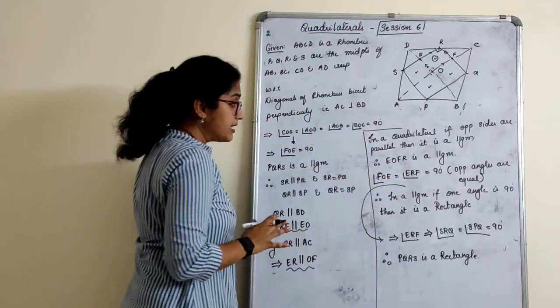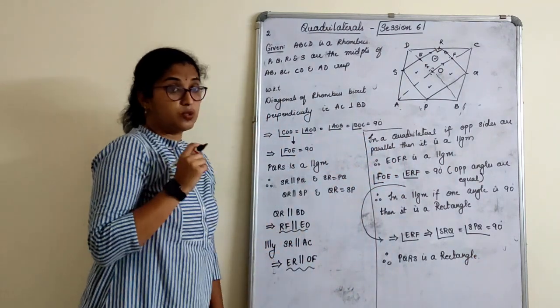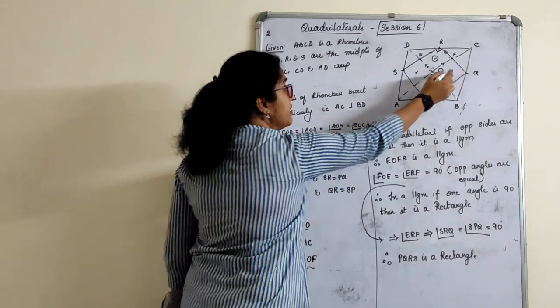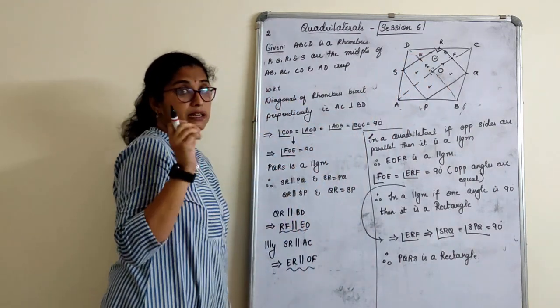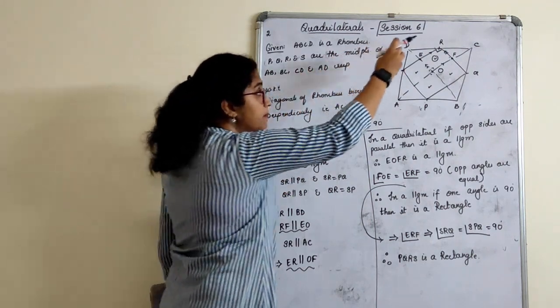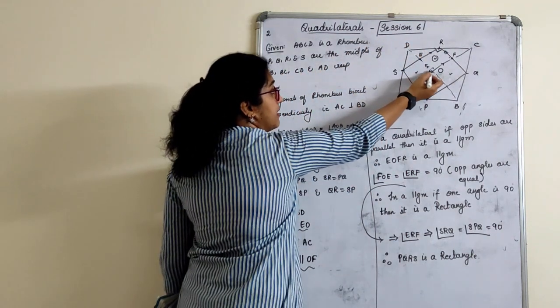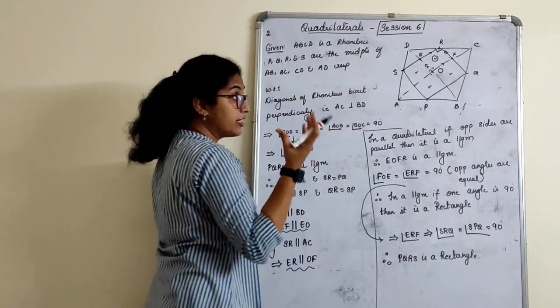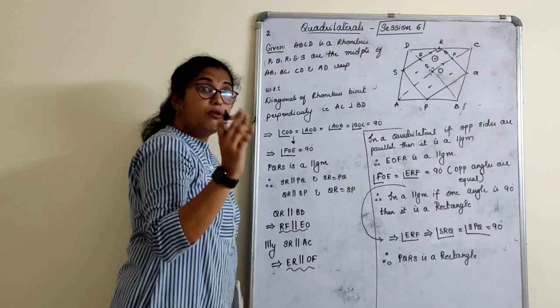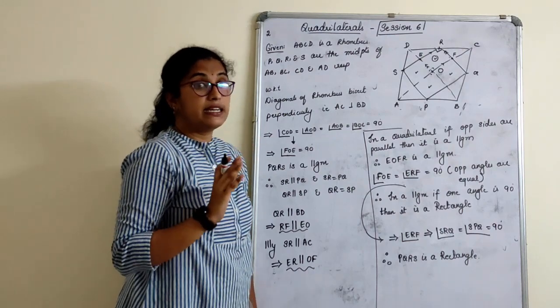So actually it is very simple, but you need to understand this very slowly. What did we do in the beginning? In the beginning, as usual, we proved that PQRS is a parallelogram. Then we proved that since it is a rhombus, the diagonals bisect at 90 degrees, we know that. We used that property and proved one small part is a parallelogram only by saying that opposite sides are parallel.